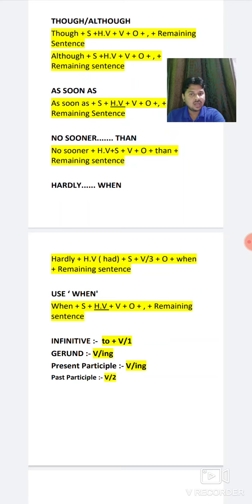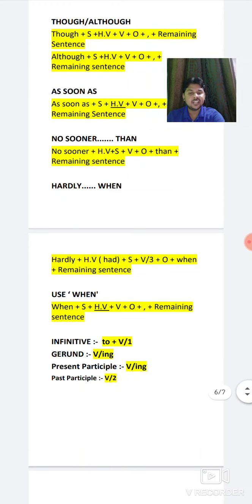So hardly, helping verb had, subject, and verb third form. Take care here, student, many students make mistakes because you are using "had", so you have to add the verb third form. After the verb third form, object, and after the object the second sentence starts from "when", and the remaining sentence follows.